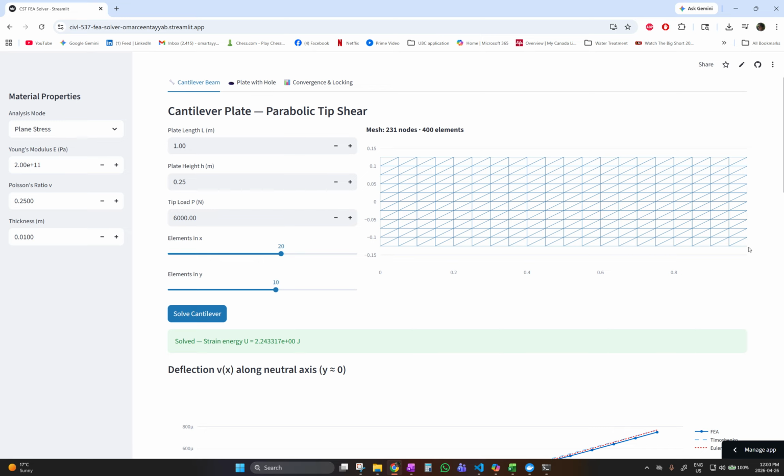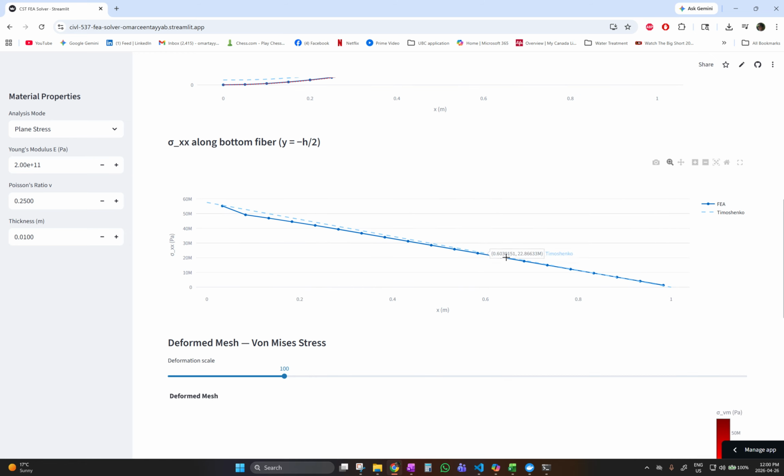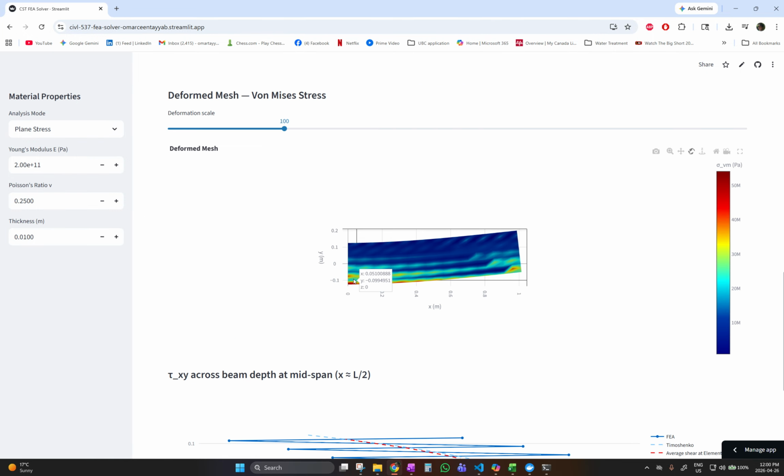These ones have the least stress and basically go to zero. As shown here, it goes to zero stress at the very bottom nodes.